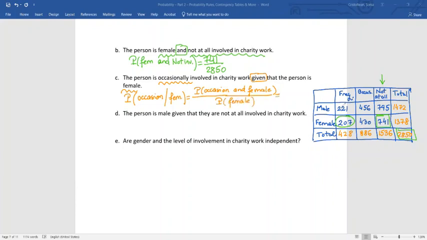So we are looking at both occasionally, which is right here on this column, and female, which is right here on this row. Here we have the 430. So that will be 430. And on the bottom, I have female. So for female, I'm just looking at the partial total for female, which is this number right here. This is a conditional probability.